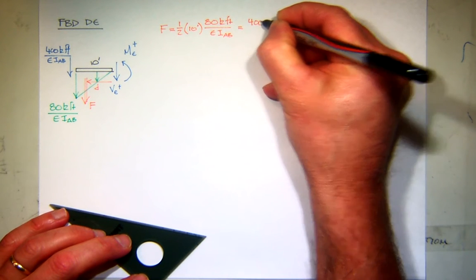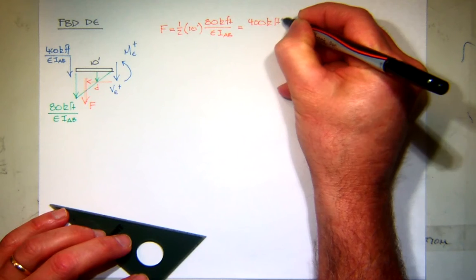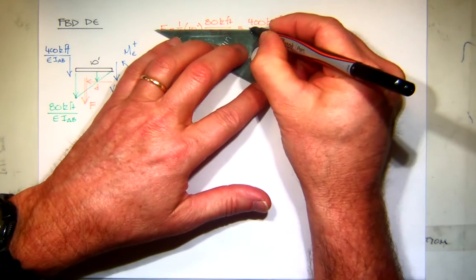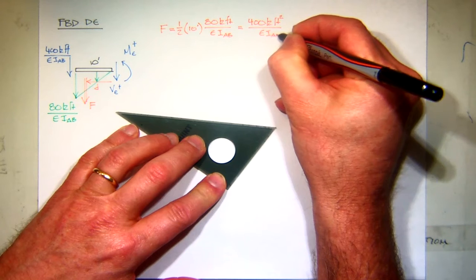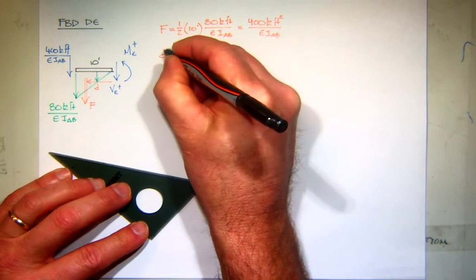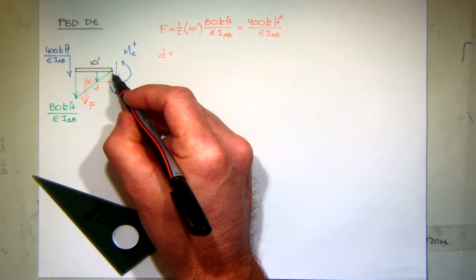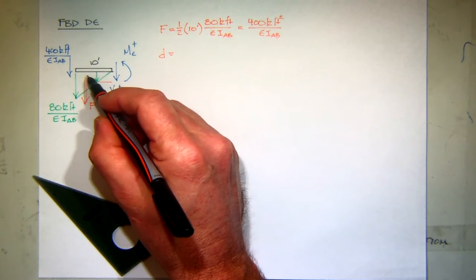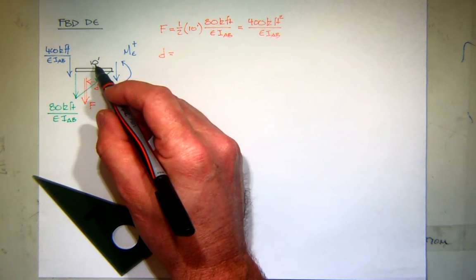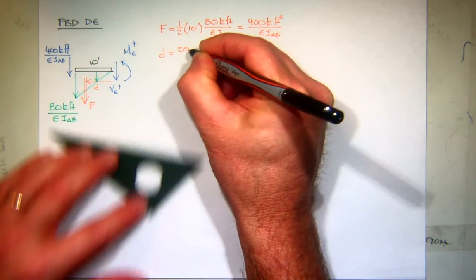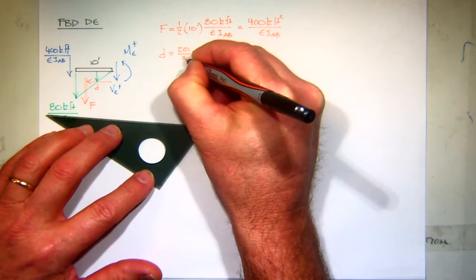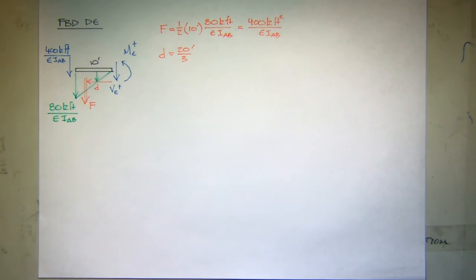So that should be 400 kip-feet squared divided by EI_AB. The distance D, well, from the 0 end to the centroid is 2/3 of the distance, 2/3 of 10. I'll just write that as 20/3. I'll carry the fraction right now and not the decimal. Everybody see that? 2/3 of 10.